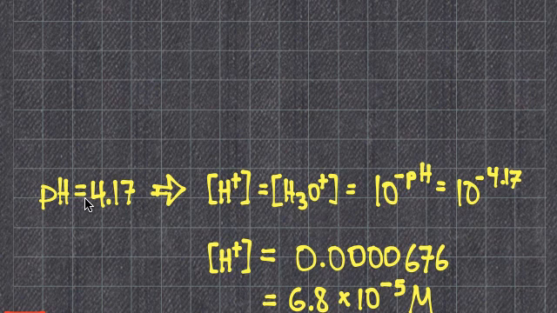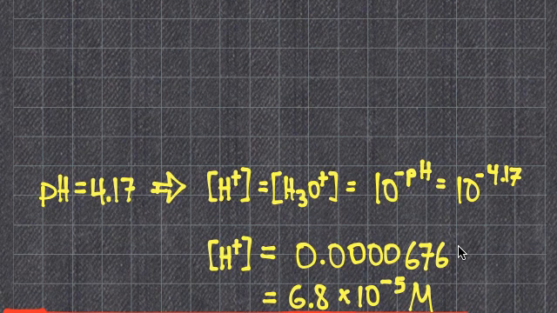If the pH is 4.17, just take 10 to the negative 4.17, and that comes out to something like 0.0000676 moles per liter. Yeah, it's pretty watered down. Or well, we don't taste chemicals, but I'm just saying in terms of how much acid is in the water, I could imagine a 4.17 pH lemon water solution. That would be definitely consumable.